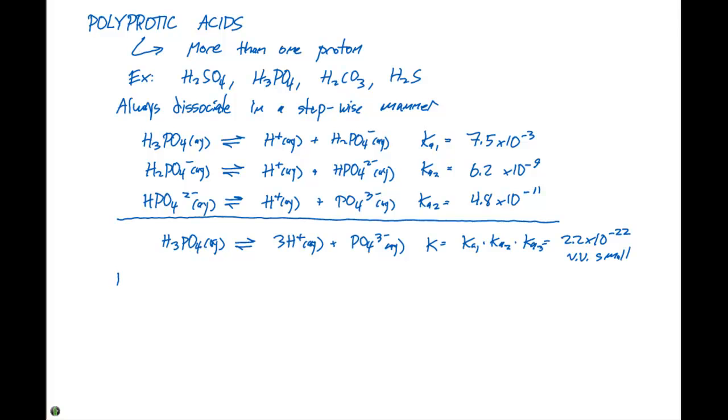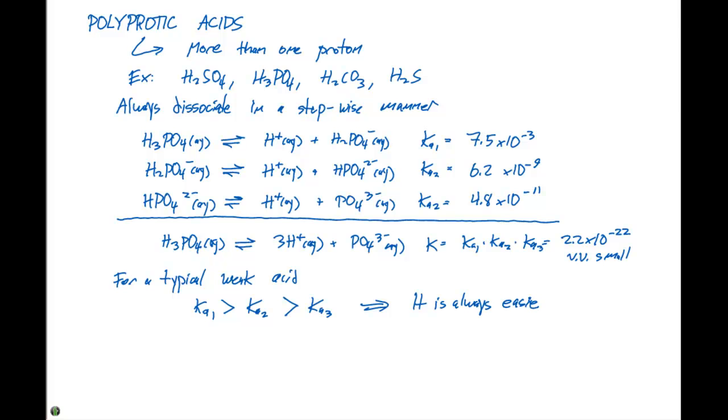So for a typical weak acid, the Ka1 is typically greater than the Ka2, which is going to be greater than the Ka3. If this is a diprotic acid, we don't need to look at a Ka3, but the Ka1 is going to be greater than the Ka2. And from this, we can say that it is always easier to remove the first proton.